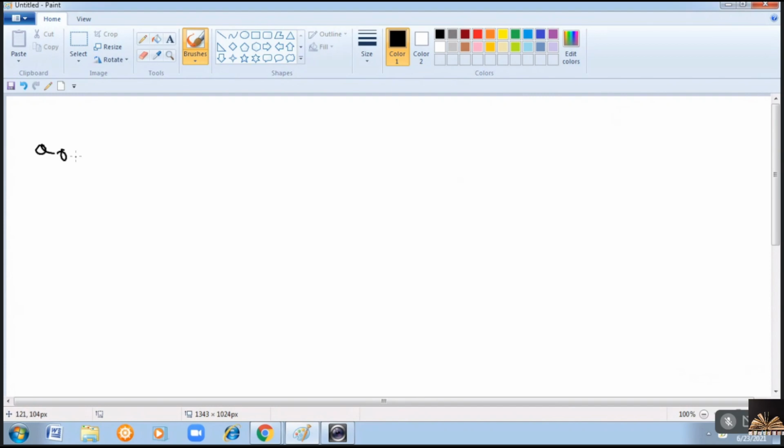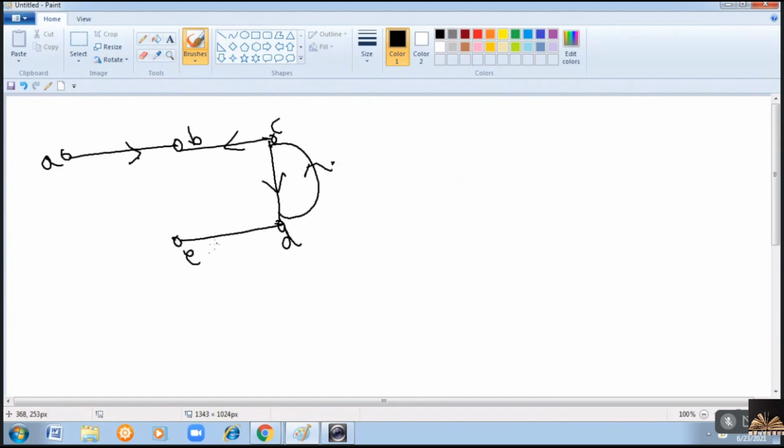Consider a graph. Let us suppose you have a graph like this, right? Now find the in degree and the out degree.